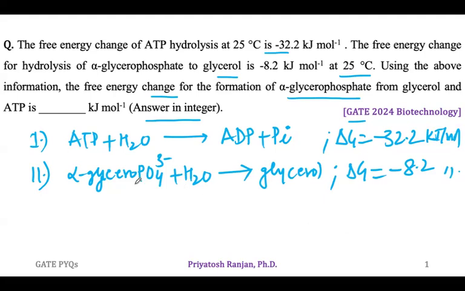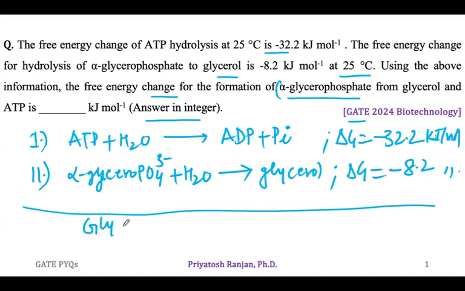Now, what we need to do is, with the help of these values, I need to calculate the free energy change for the formation of alpha-glycerophosphate from glycerol and ATP. So I need to calculate the formation of alpha-glycerophosphate from glycerol and ATP.